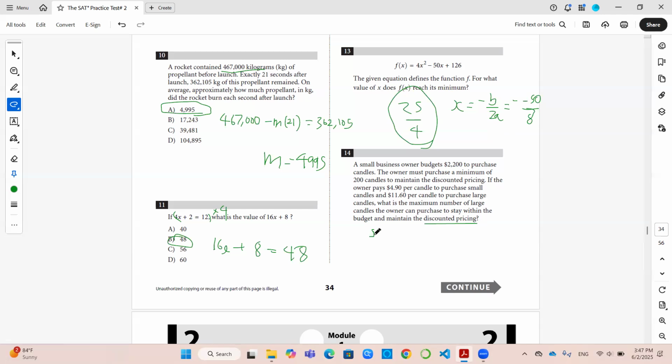So we have S plus L is equal to 200, and we have 4.9S plus 11.6L, which is equal to 2,200. Using your calculator, solve the system of linear equations.